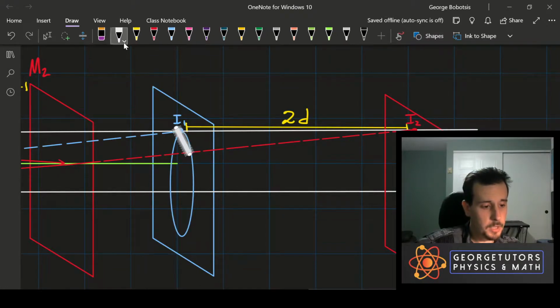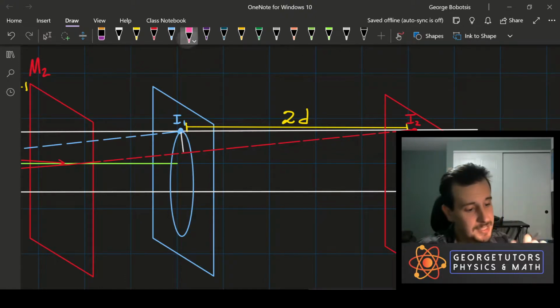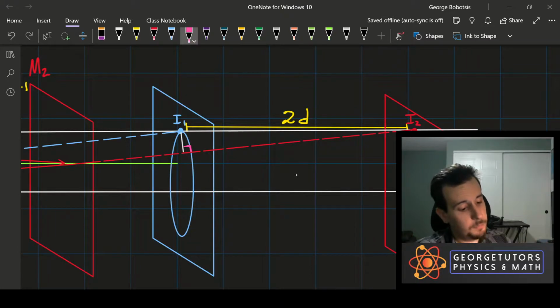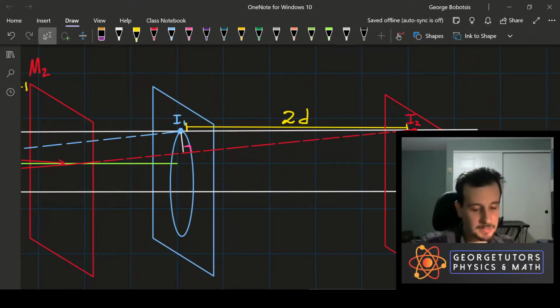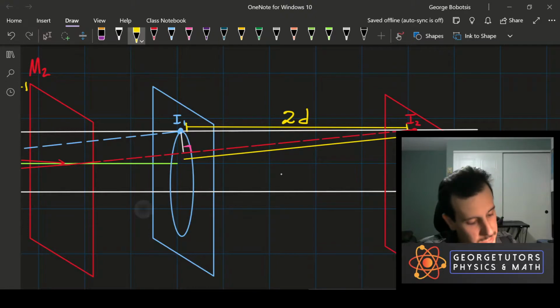Okay, I can drop a line right there from I1, a perpendicular line down to the red extension. And you can see that this angle right now is 90 degrees. Now, we mentioned again that this length is going to be the path difference that we actually see at the observer's level. That right there. So can I get this?